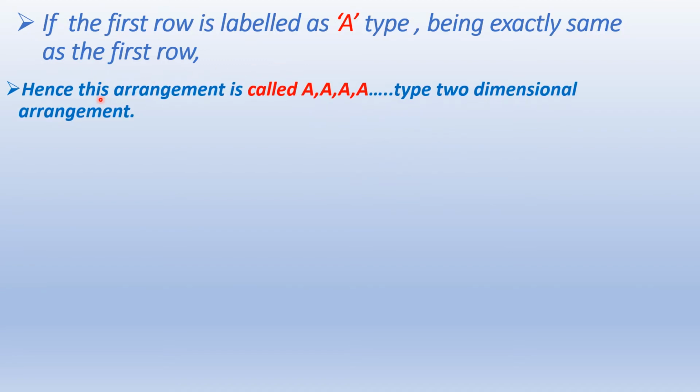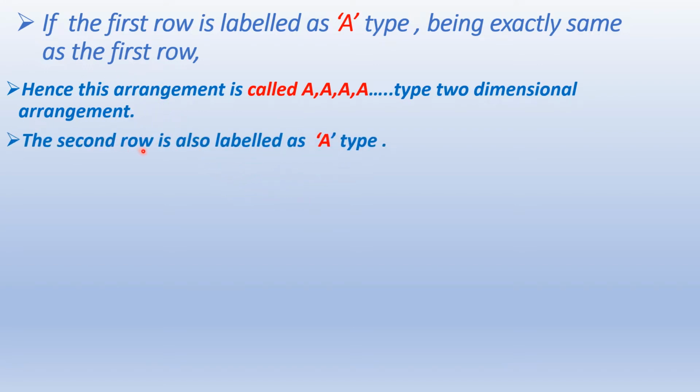Next one, if the first row is labeled as A type, the second row being exactly the same as the first row, hence this arrangement is called A type two dimensional arrangement.